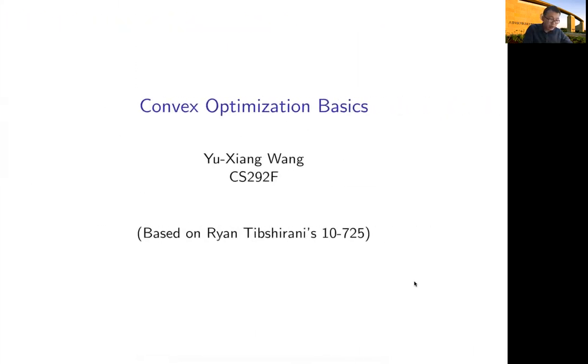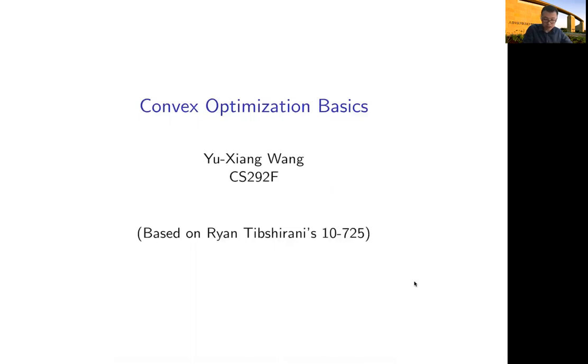Okay. So in the remainder of the lecture, I'm going to be talking about convex optimization. I'm going to go over the basic notation of convex optimization problems, how we tell whether an optimization problem is convex, and how we convert non-convex optimization problems into convex optimization problems.